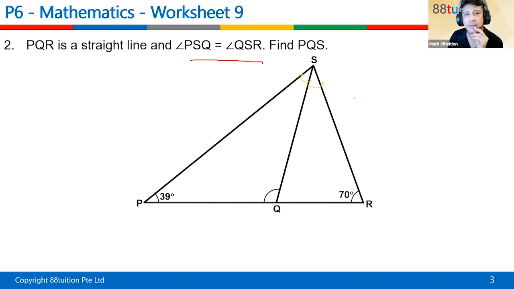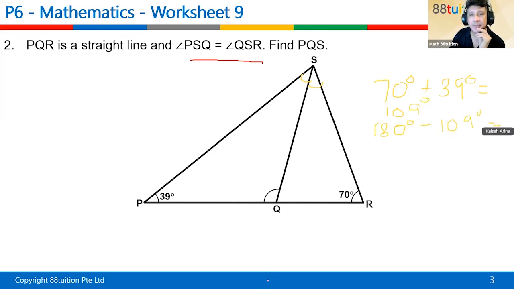Okay, let's see what else. 70 and 39 degrees. I can see that 70 is the angle on the right side. 39 is the angle on the left side. And Kaiser is adding the two angles together. So that will be 109 degrees. And then you take 180 and minus 109.